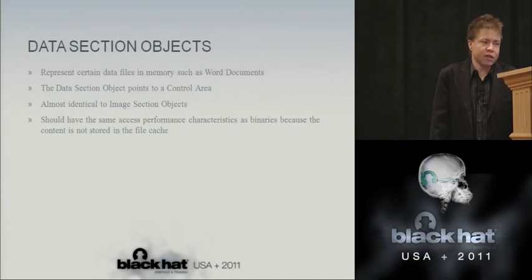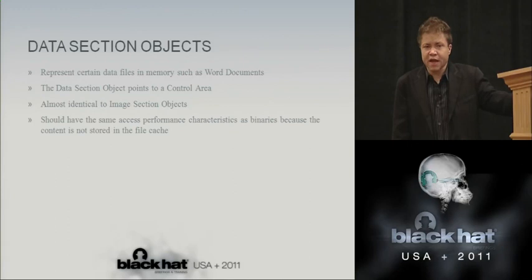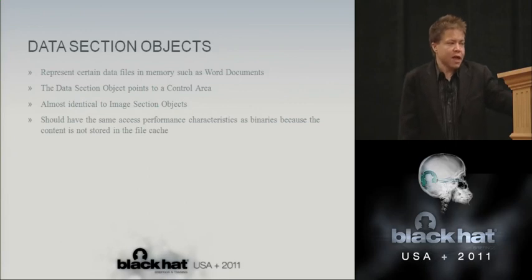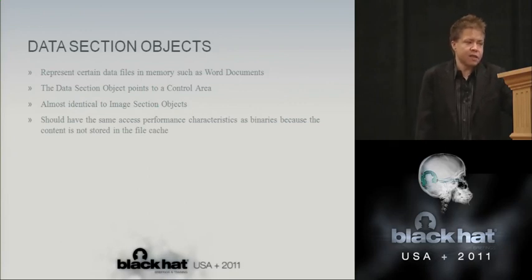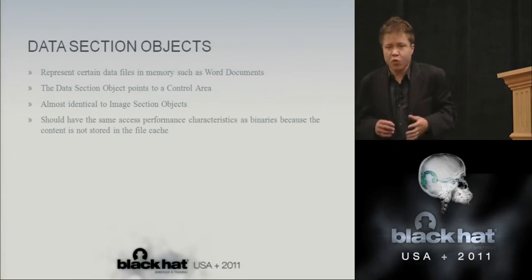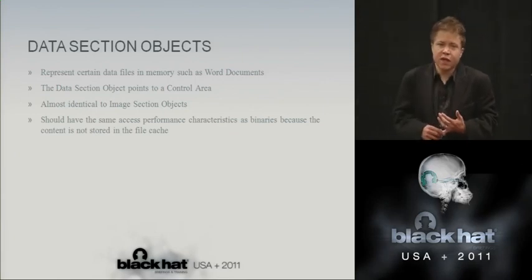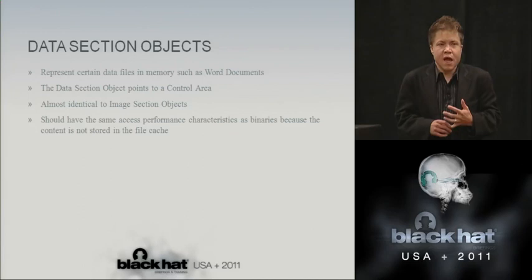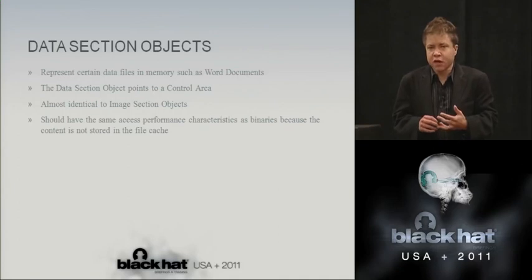However, we did notice in our research that Word documents appear to be represented as data section objects. So all I can say at this time, at least, is that the performance of Word documents in memory should be equally as speedy as the performance of accessing data in EXEs and DLLs on the Microsoft operating system, because they have the same structures.